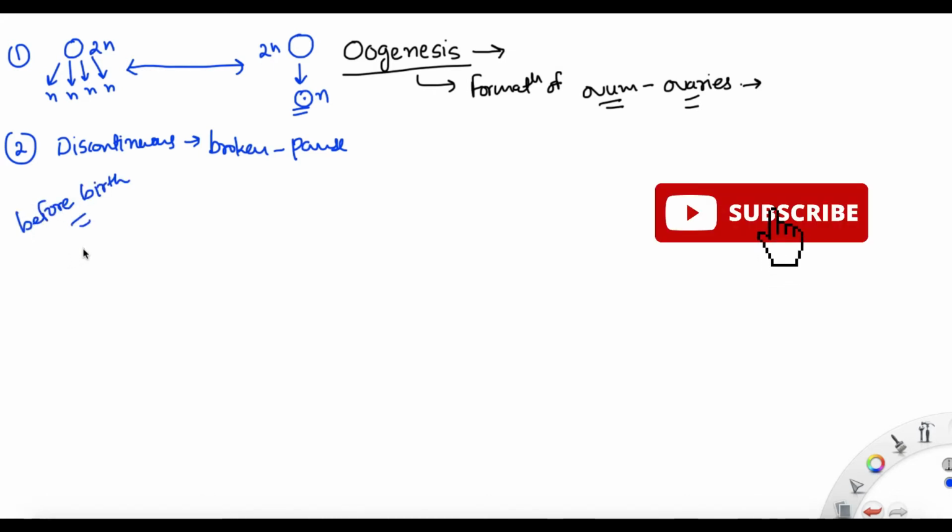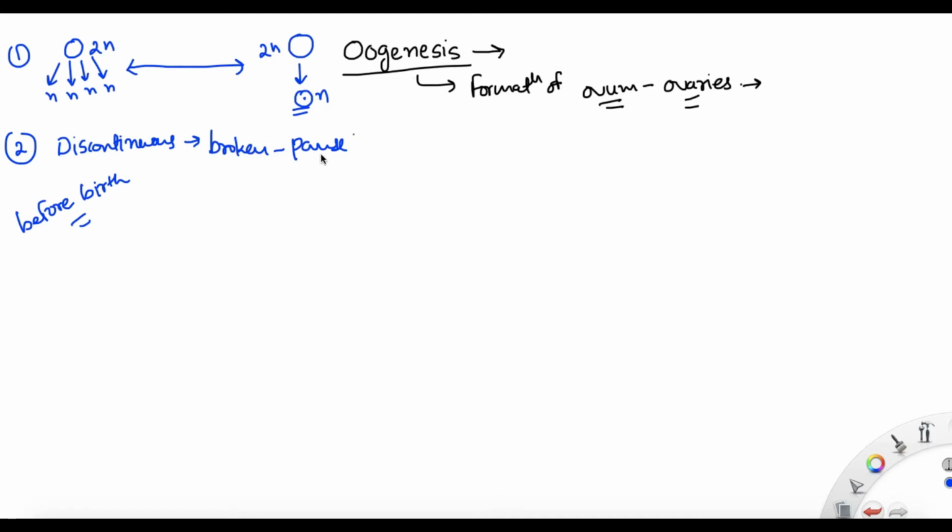When the female child is in the womb is when the oogenesis actually begins, and it will pause at the time of birth. All this I'm going to tell you as we go on, but just remember why it is called discontinuous.